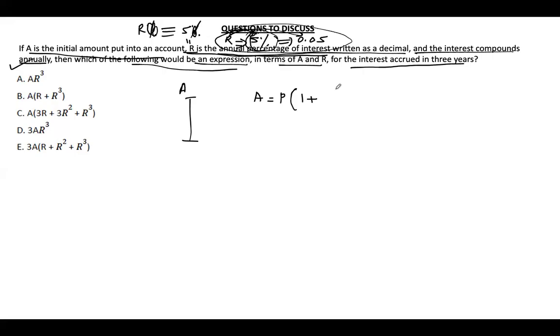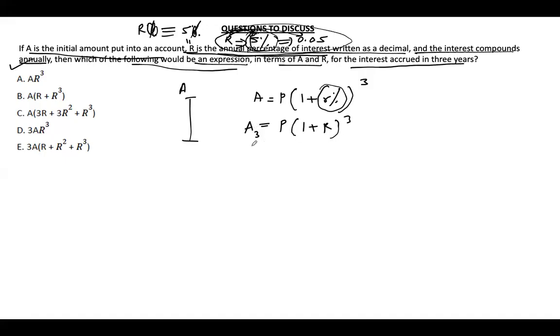See, in our formula it was R percent, so R percent would just be R. And this is the amount after 3 years.